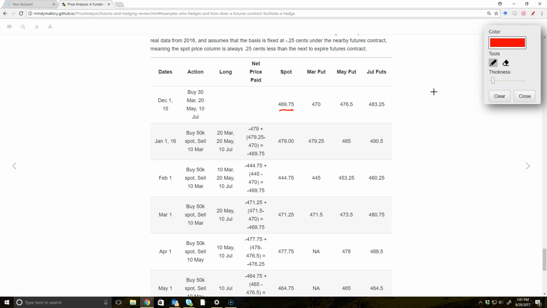So to get our net price paid, we're always going to take the spot price at the cash sale date, and that's going to be a negative actually, because in this example we're purchasing wheat, so we'll denote purchases in the cash market with a minus sign. So minus the spot at cash sale date plus futures profit or loss.